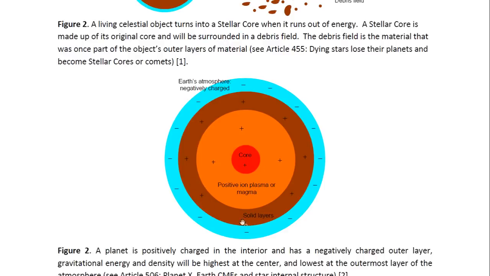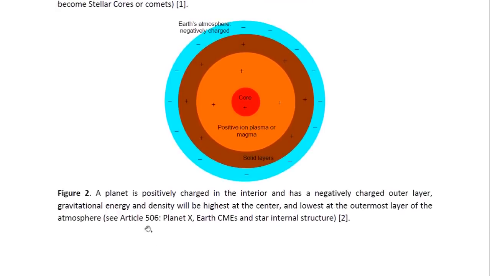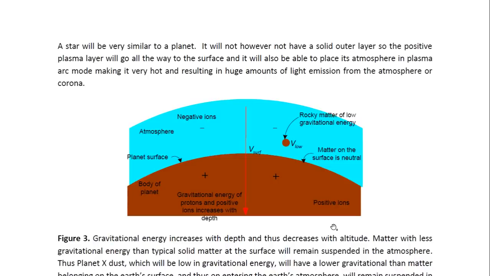And this is because the interior, the solid part of the object, from the core to the edge of the object, which is solid, is positively charged. The core is the most positively charged part of the object. And the atmosphere, which is gaseous, will be negatively charged. And for more details, you may look at article 406 entitled Planet X, Earth CMEs, and Star Internal Structure.